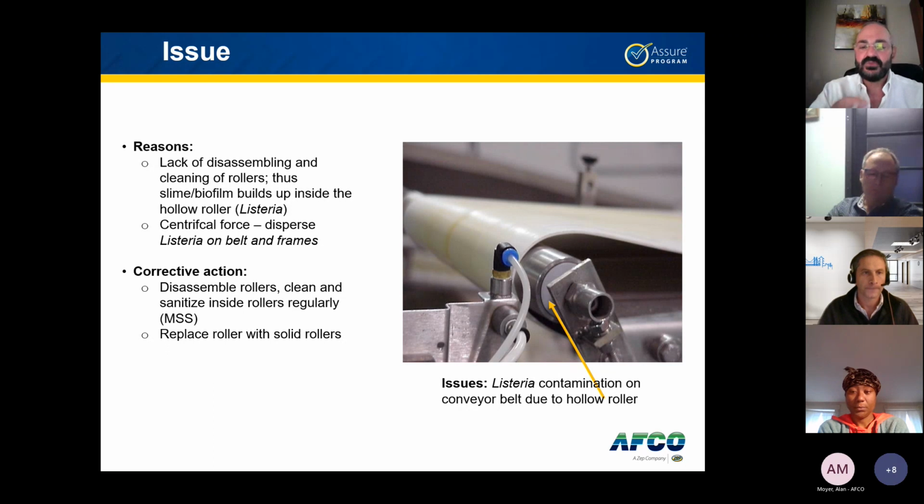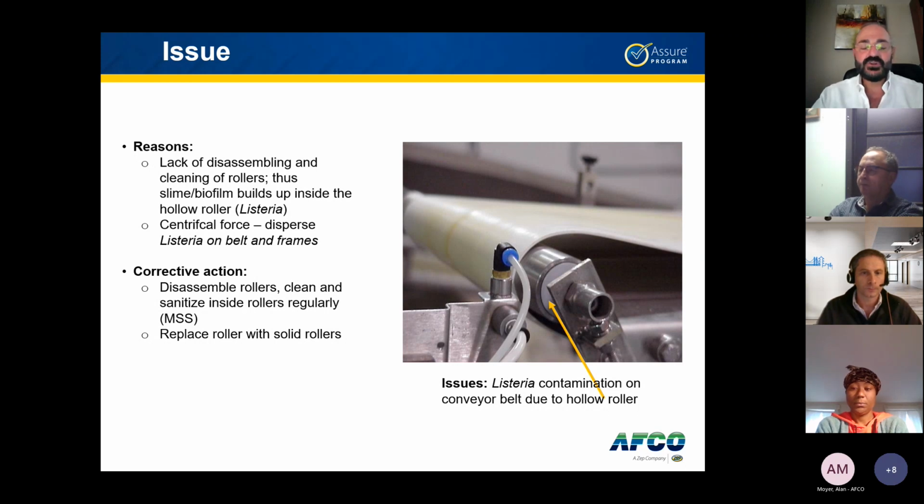When they rotate the rollers, they force whatever is inside the rollers to go out, including bacteria, and contaminate the belt, contaminate the roller, contaminate the area around it, and that's why they're having listeria on their belt and in their food.